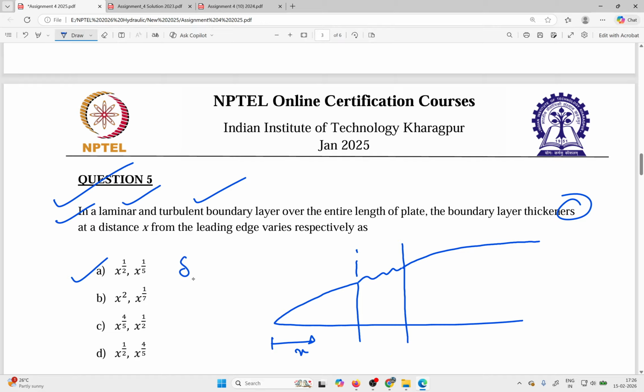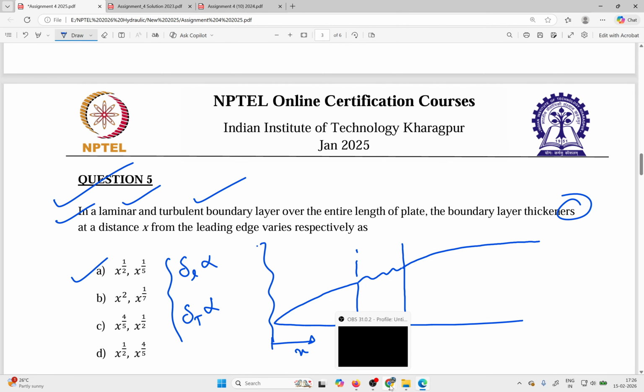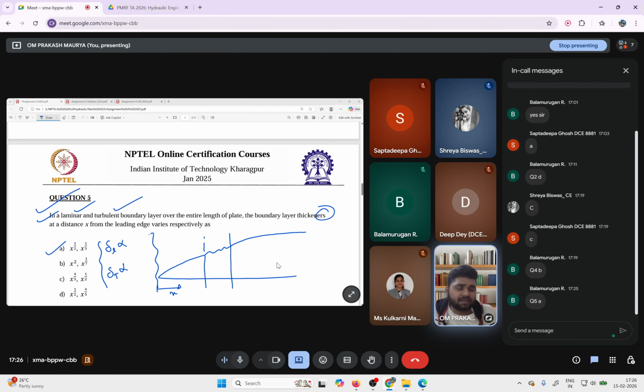So delta for laminar is directly proportional to what, and delta for turbulent is directly proportional to what. So please think on that. Which option will be correct for this question? You can write your answer in the chat box.